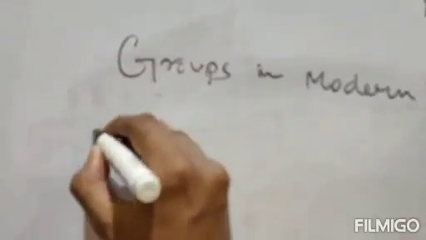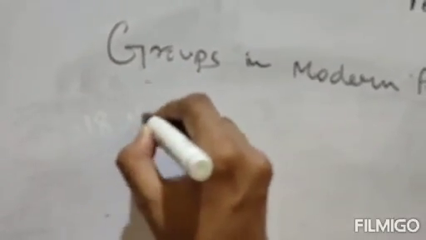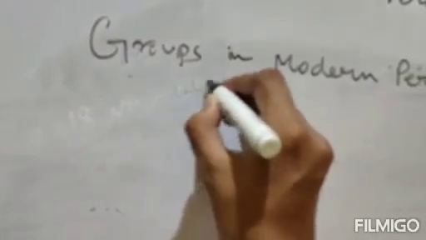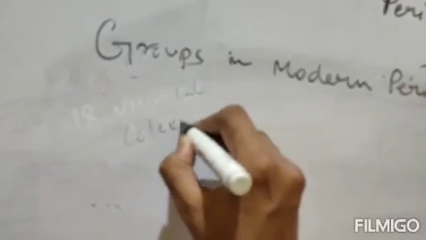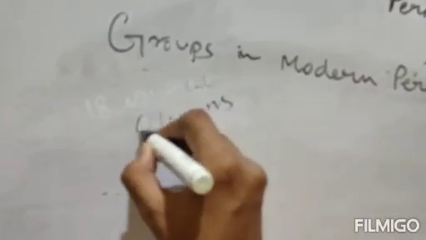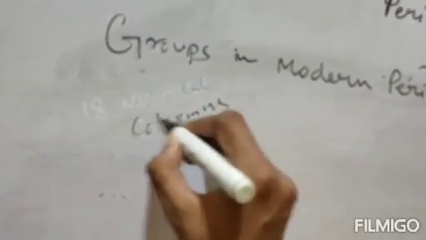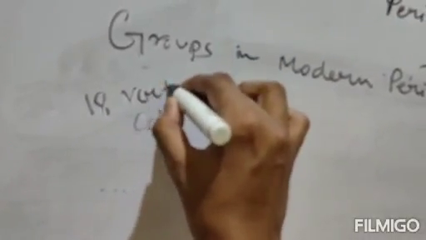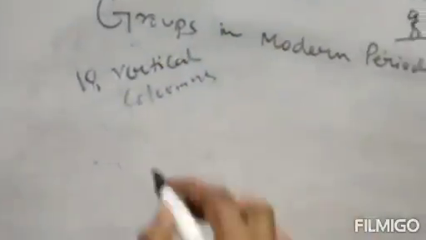So 18 vertical columns are there which are termed as groups.